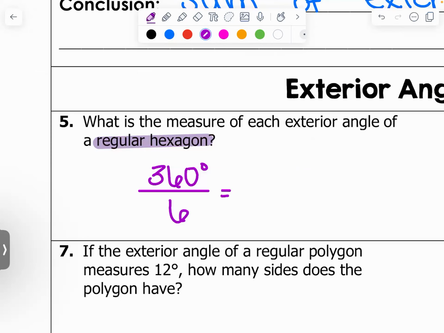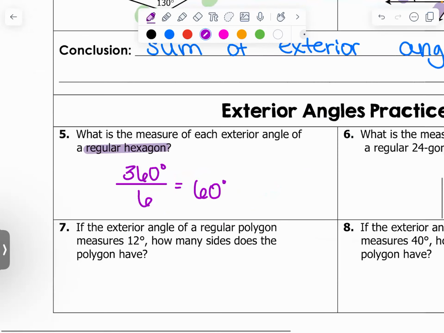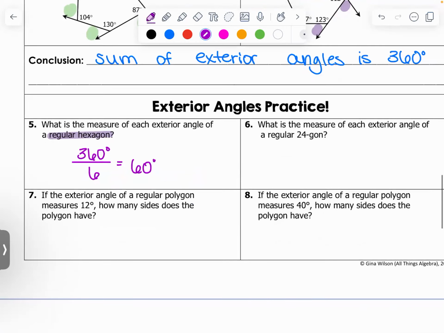Yeah. So each of them are? 60. Cool. Okay, work on 6, 7, 8. See what you can come up with.